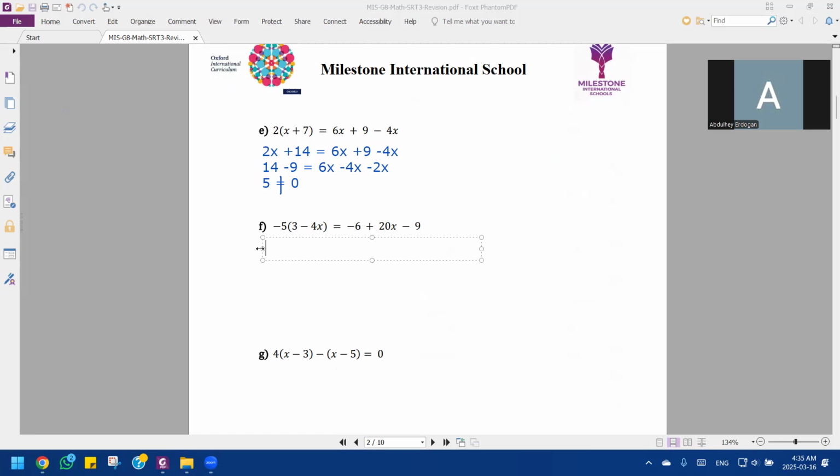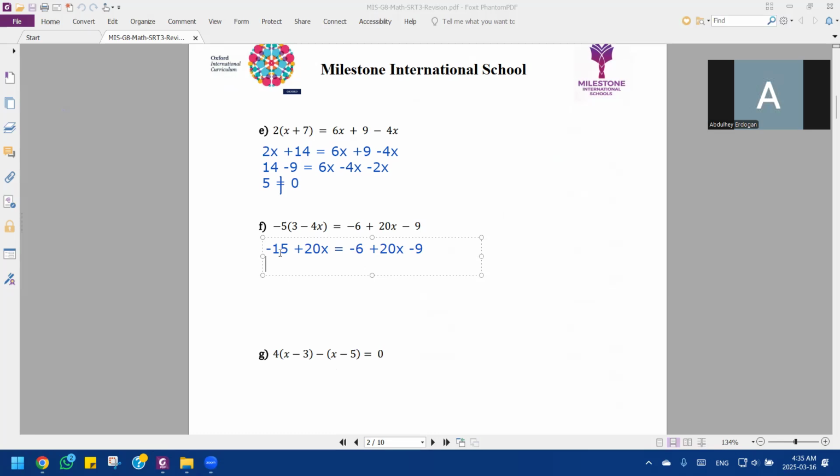Okay, F, we expand minus times the 3, so minus 15. Then minus times minus is a plus. 5 by 4 is 20x. Equal to minus 6 plus 20x minus 9. Now, both of them are 20x, whatever we can do.